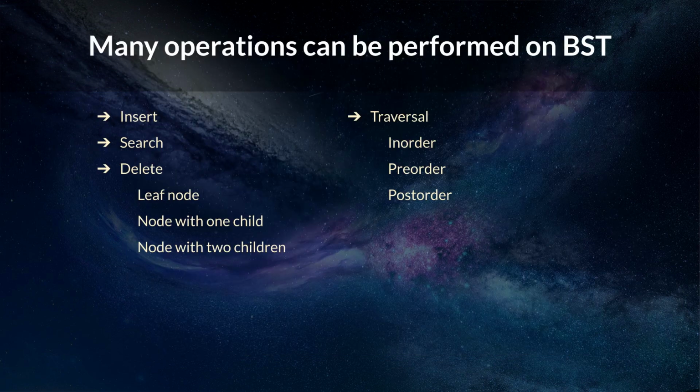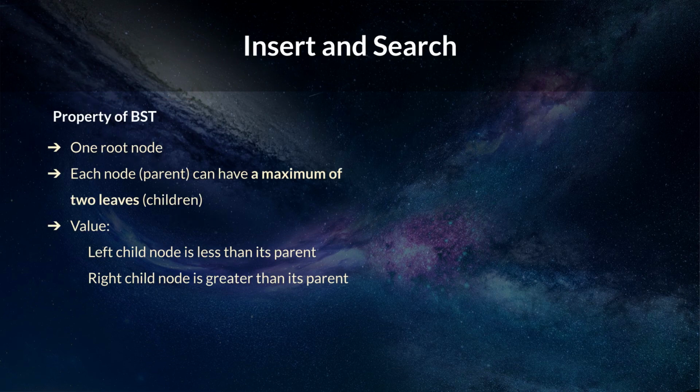Moving on, you can perform a variety of data operations on BST, but today we're going to talk about these two most basic operations in detail, insert and search, so you are ready for more advanced operations. First, let's look at insert operation. When it comes to inserting a new node in BST, we must ensure all BST properties hold true.